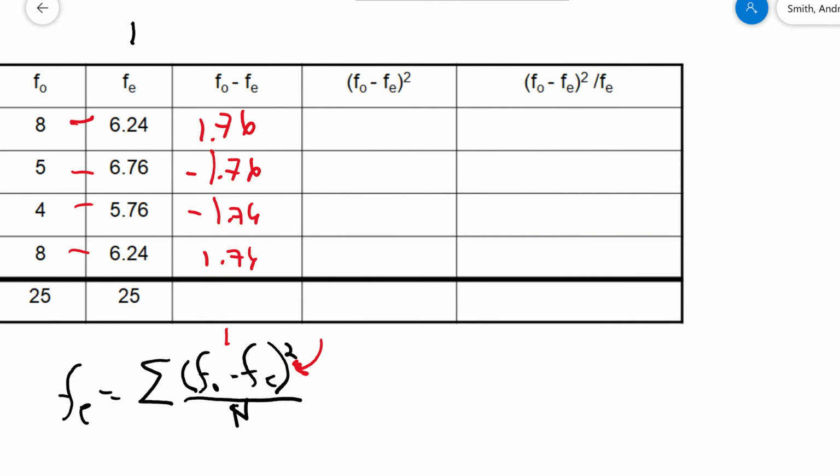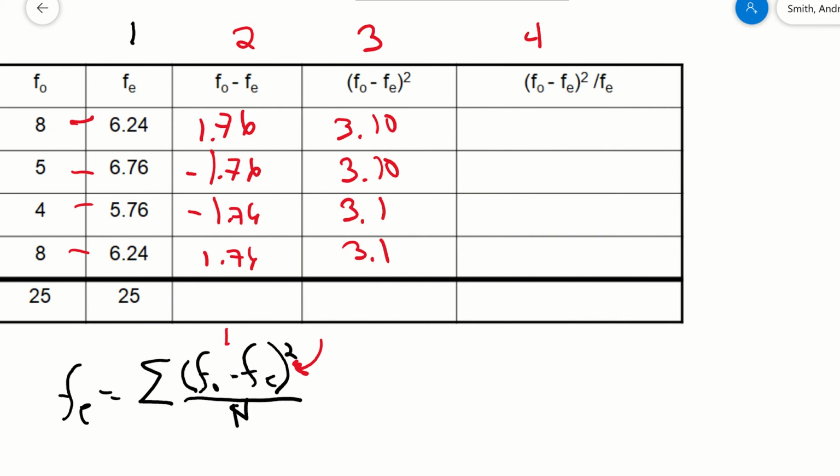So 1.76 squared is 3.10, right? So 1.76 times 1.76 equals 3.1, right? Same thing, if we square a negative, it comes out to be a positive, right? So 3.1 and 3.1.